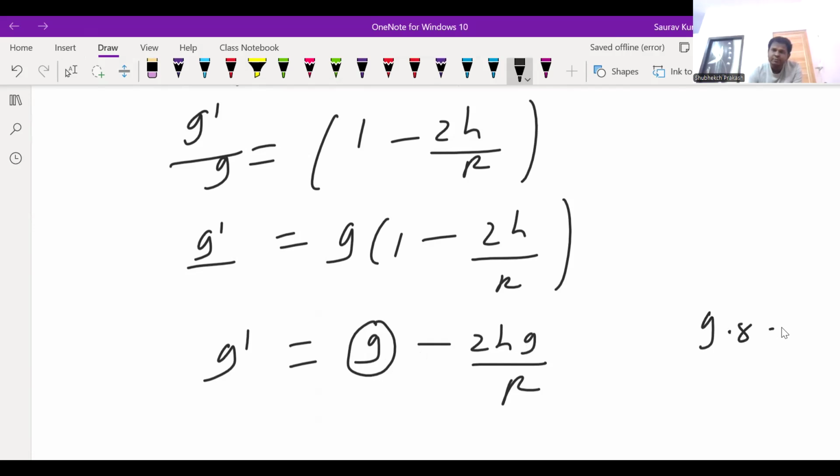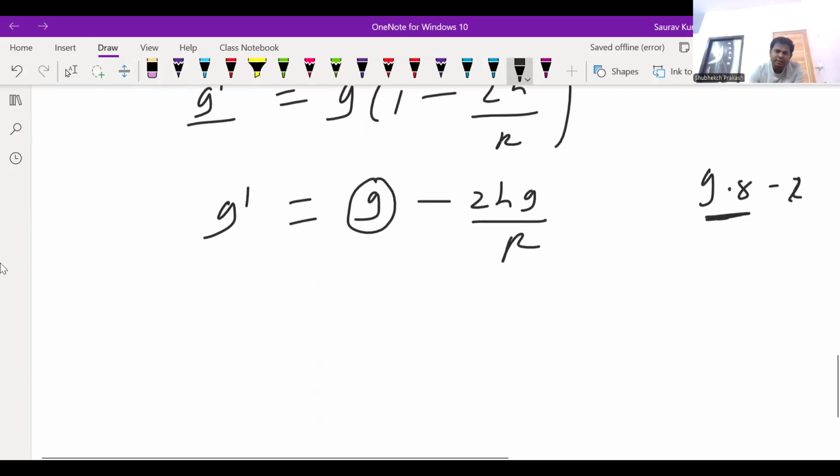From 9.8, if you subtract any number, then this value will keep decreasing or not.